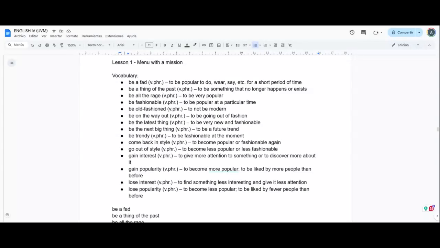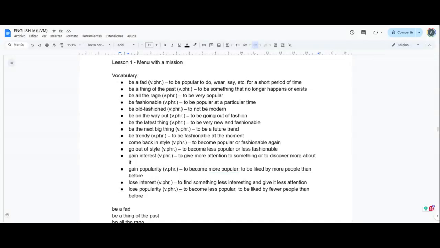Be on the way out, to be going out of fashion. Be the latest thing, to be very new and fashionable. Be the next big thing, to be a future trend. Be trendy, to be fashionable at the moment. Come back in style, to become popular or fashionable again.